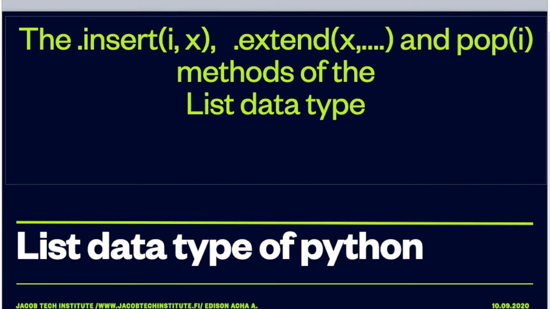With the pop method, you have the possibility to actually take out an element from the list using just its index position. Let's say in an institution, each student has a student number, and the students have been graded.